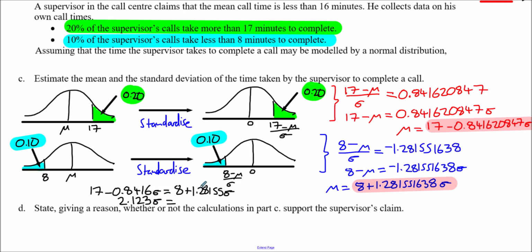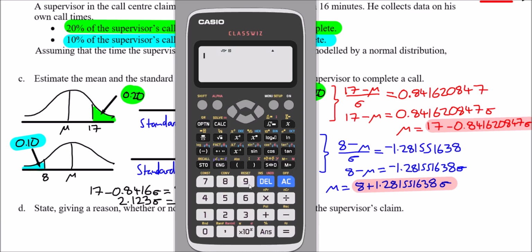Then if I subtract 8 from both sides, 17 minus 8 is 9. Therefore, I get that sigma, if I do 9 divided by the 2.123 number, gives me a value of approximately 4.24 to 3 significant figures.